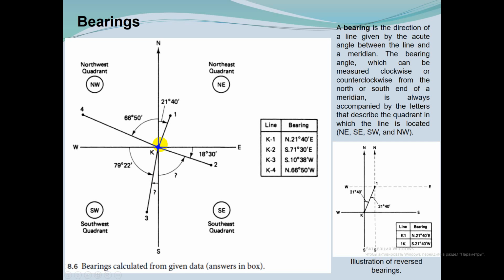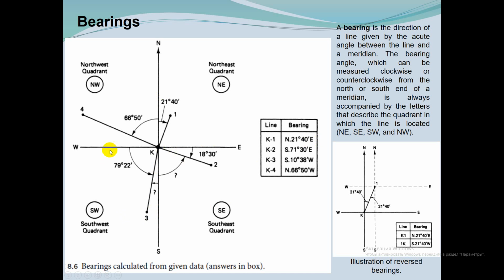The bearing angle, which can be measured clockwise or counterclockwise from the north or south end of a meridian, is always accompanied by the letters that describe the quadrant in which the line is located.